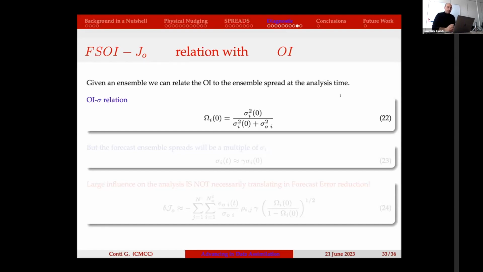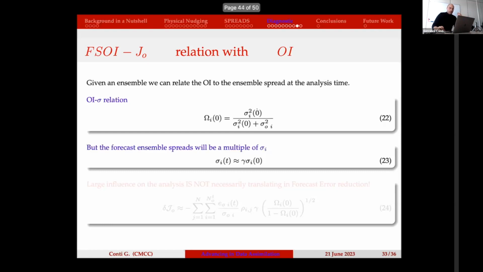But now we know that the observation influence at time 0, so the analysis, is related to the spread of the forecast at time 0 and the observation error. So we can try to connect this quantity to our forecast spread.